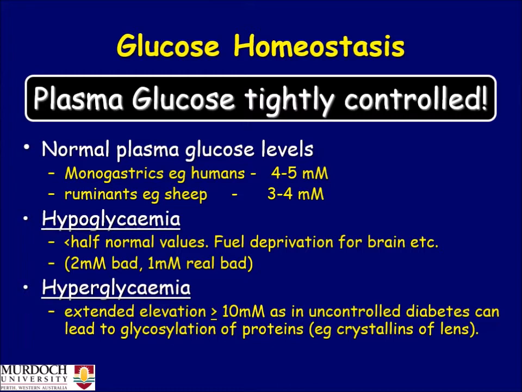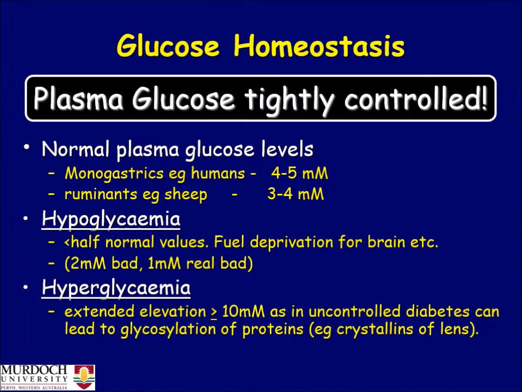Now, the opposite of hypoglycemia is hyperglycemia. And that's when glucose concentrations in your blood get too high. And this is classically defined as concentrations exceeding 10 millimolars in your blood for an extended period of time. If this happens, it can lead to all sorts of complications.